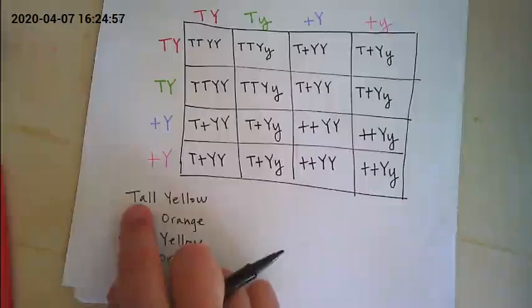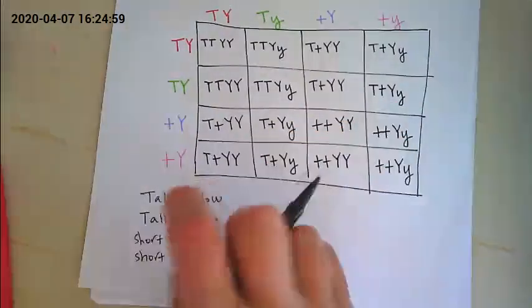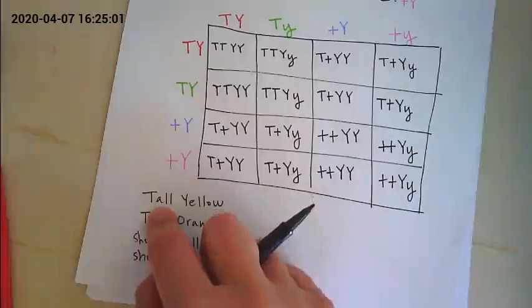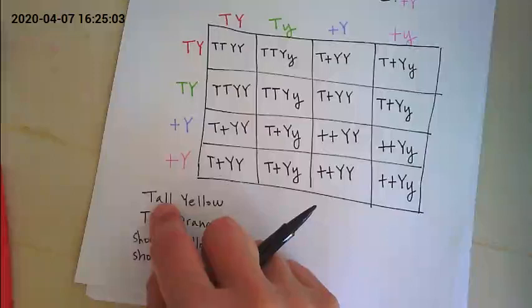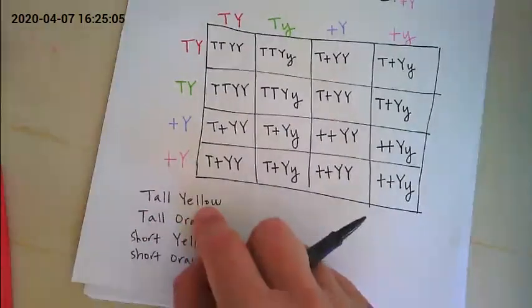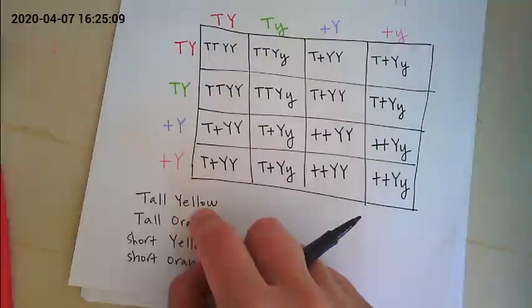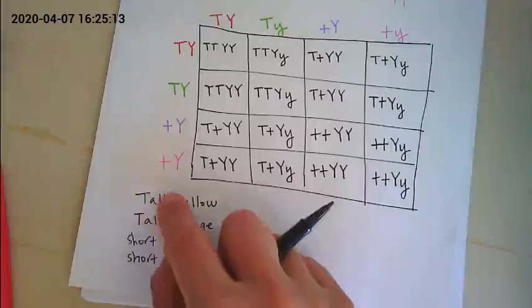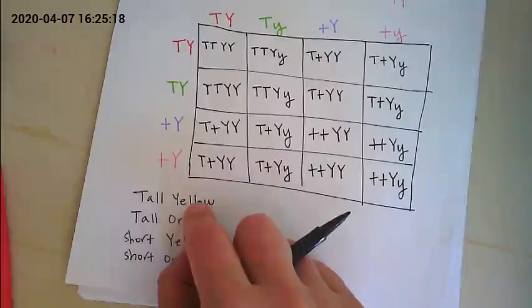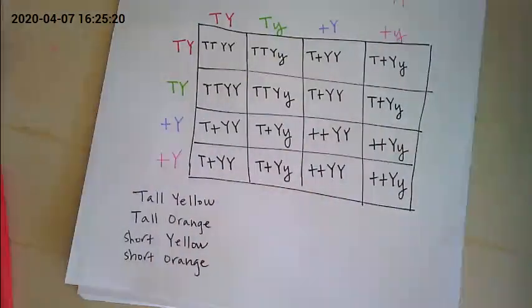Okay, so to be tall, it would have to have at least one dominant T. It could be homozygous dominant or it could be heterozygous. And the same thing for yellow. It has to have at least one big Y. So let's look at all of these and let's figure out how many have a big T and how many have a big Y.